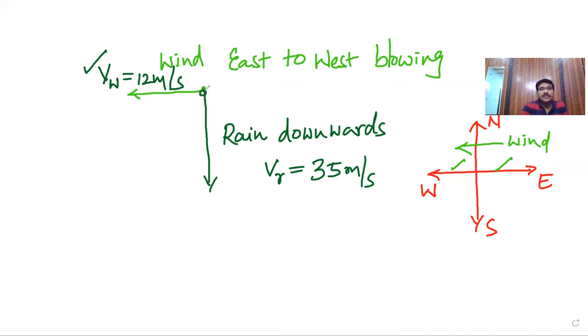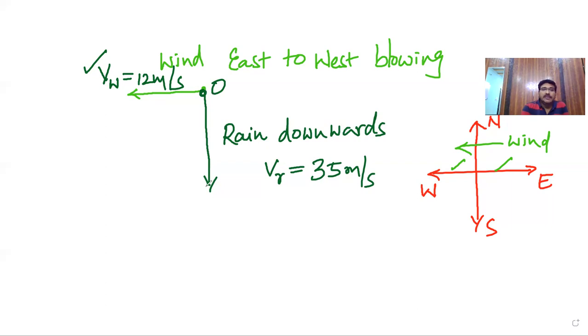So this is the origin. Rain is in the downward direction with a speed V_R, magnitude 35 meters per second, and wind is east to west, V_W, with a speed of 12 meters per second.